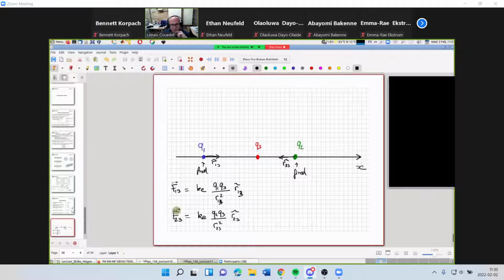Makes sense until now? Yeah, makes sense. So now you're interested in the equilibrium position. So equilibrium position would mean F13 plus F23 equals 0. Okay?